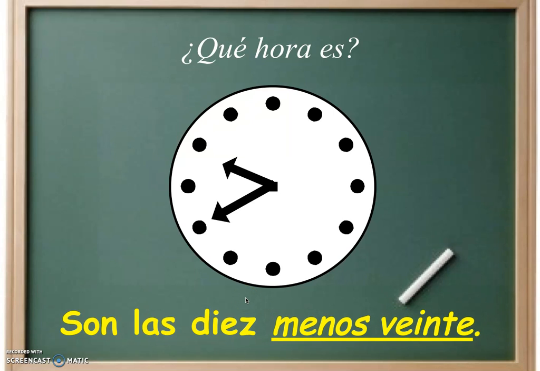So your answer for this is, it is 9:40 or 10 minus 20. Son las diez menos veinte. It is 10 minus 20 minutes. So 10 o'clock minus 20 minutes brings us to 9:40.